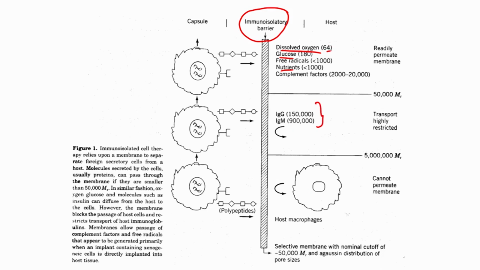What you are seeing here is some molecular weight cutoff. It will not allow anything of higher molecular weight to go through, which could be large proteins such as antibodies, or macrophages, T cells and B cells. That is the whole concept here. Of course, this has lots of challenges and we will talk about that in today's class.